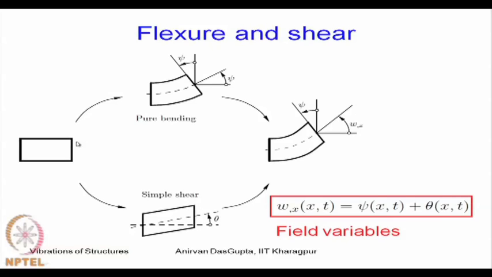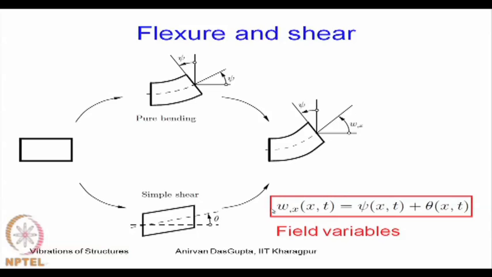This was vertical, so this remains vertical, which means that the angle measured from the vertical remains psi, whereas the slope of the neutral axis changes. So, the net slope of the neutral axis, del w del x, is the sum of the angle because of pure bending and the shear strain. That is the total angle.